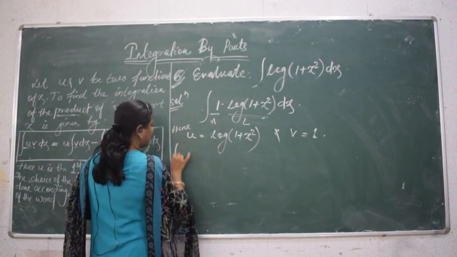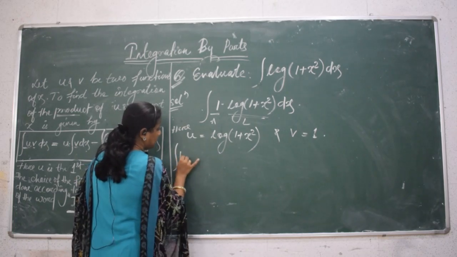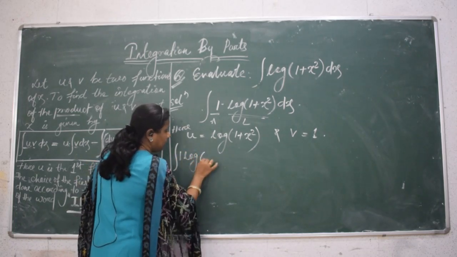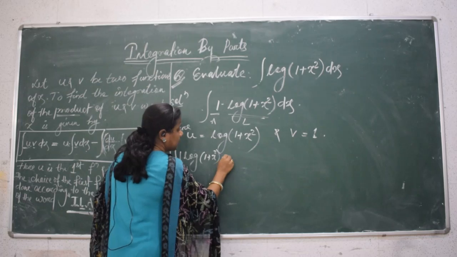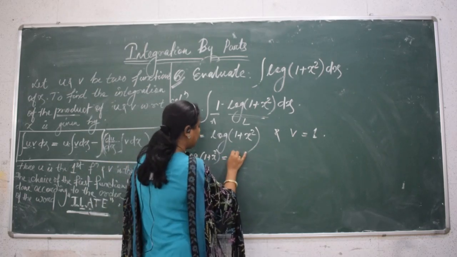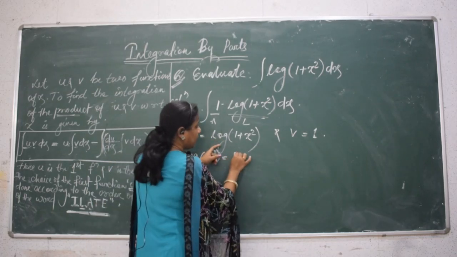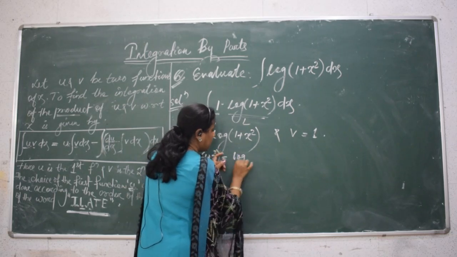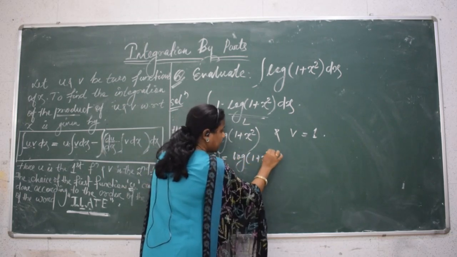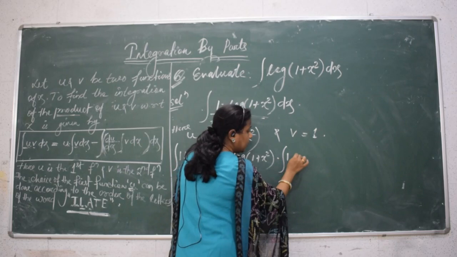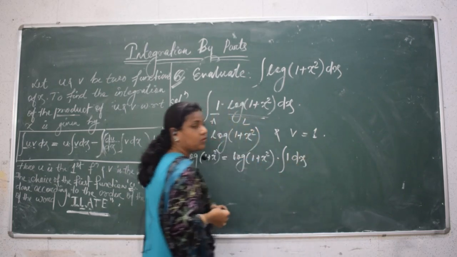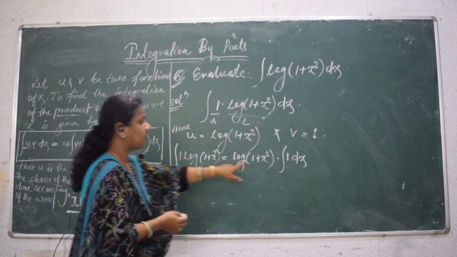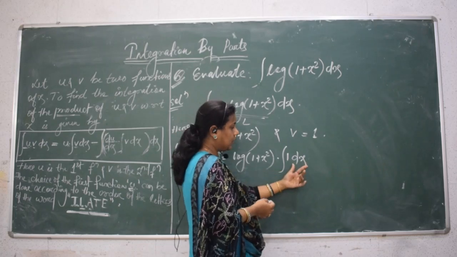So, you have to use the function log of 1 plus x square, which equals u into v. Means u we have taken as log of 1 plus x square, into the integration of v, means 1 with respect to dx. I have taken only v equals 1, and with respect to dx we have to integrate.